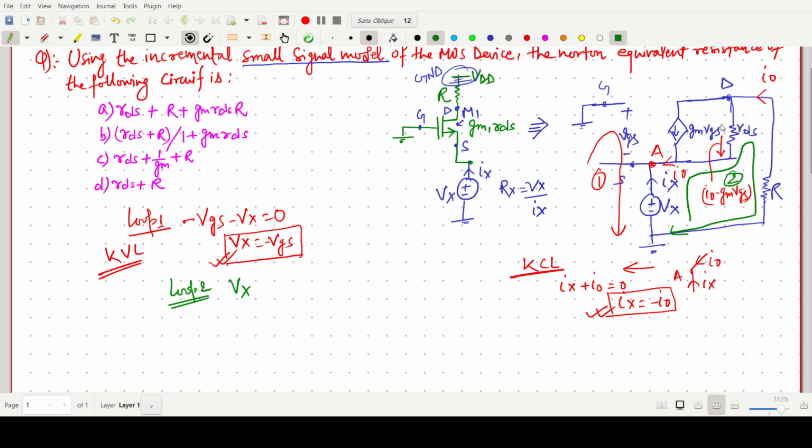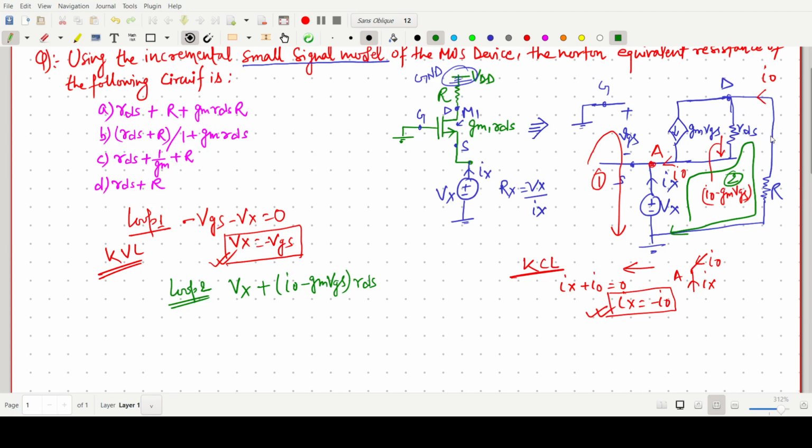We are going in the opposite direction, so we can write Vx plus the current I naught minus Gm Vgs into the rds term, RDS. Okay, this one is okay.